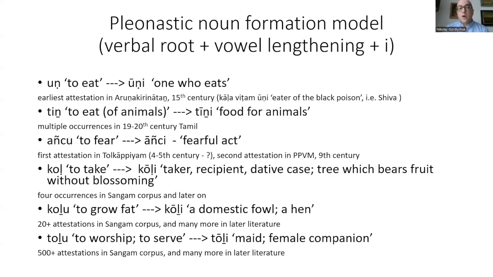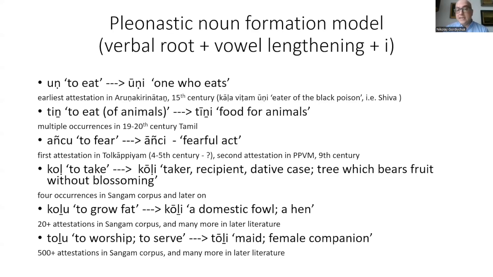One is uni, which means one who eats, from the verbal root un, to eat. It has its earliest attestation in the 15th century in a poem by Arunagirinadan, and actually it is almost the only attestation in classical Tamil. Shiva is called Kalam Vidam Uni, eater of the black poison. And that's it.